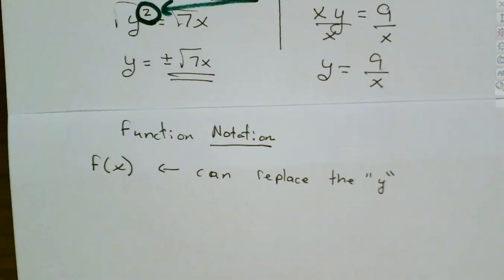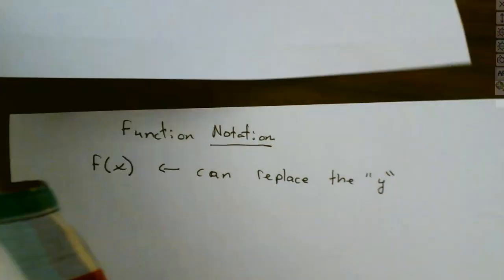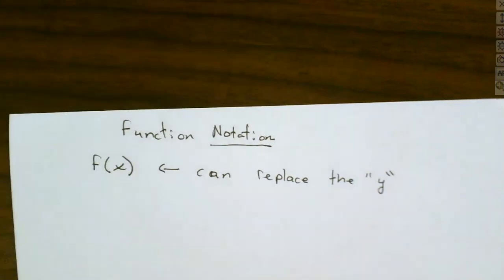In some cases, it's going to be easier for us to use an f of x than a y. In some cases, a y might be easier to use. So just remember that f of x and y are the same thing. It's just that in some cases, it's easier to use function notation when you're plugging values in than just using a y. So they mean the same thing.